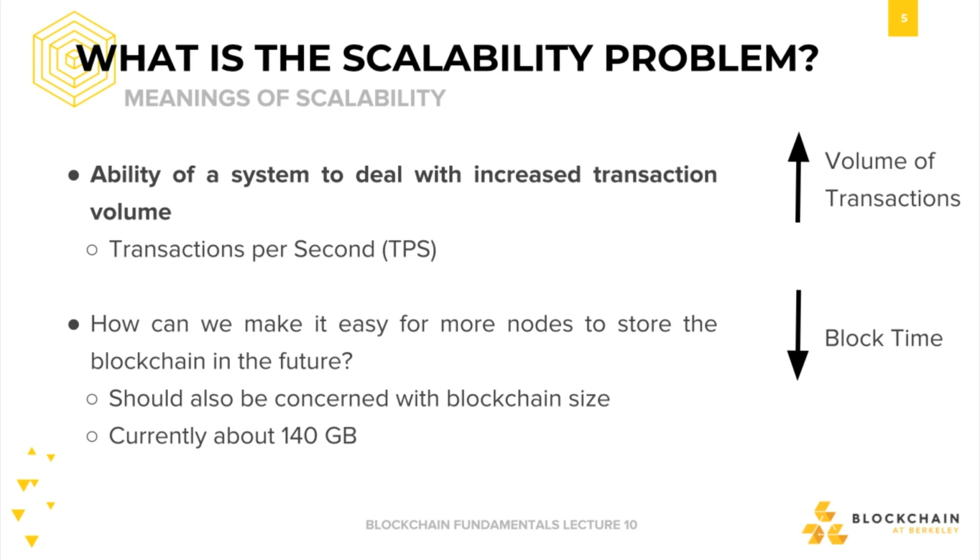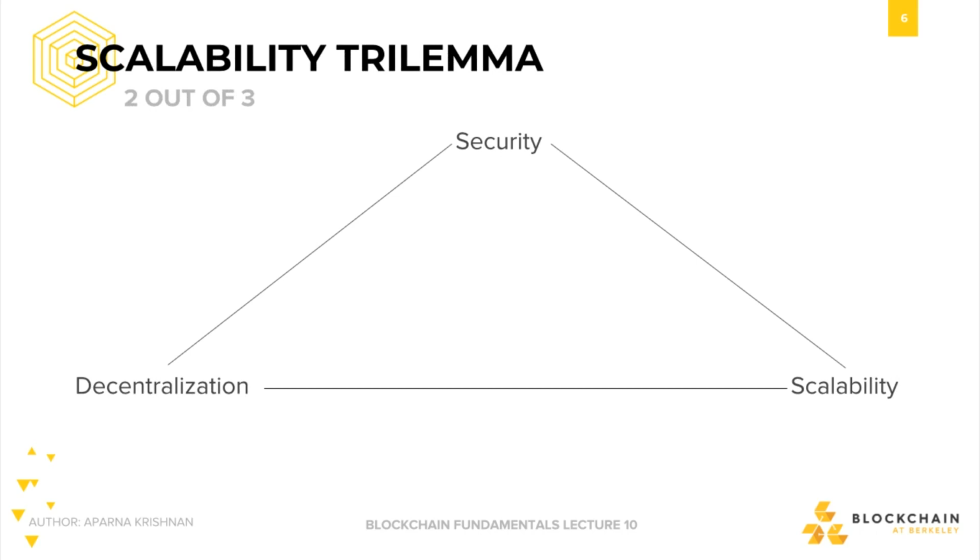Those are definitely two different issues, and that brings us to the scalability trilemma. The scalability trilemma basically says that any blockchain-based system can only have two out of the following three: decentralization, security, and scalability. Decentralization is the notion that everyone in the network has some average fixed computational resource, which we call C. Scalability is, given that the average person has this computational resource C, how many transactions can we make per second?